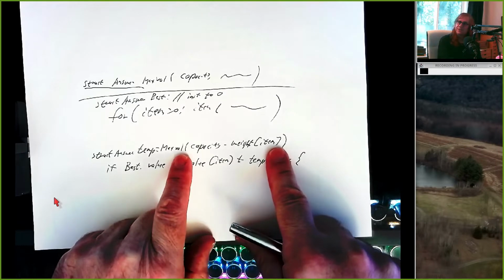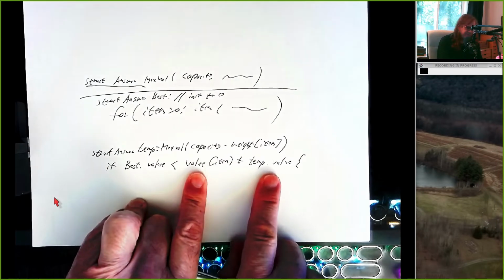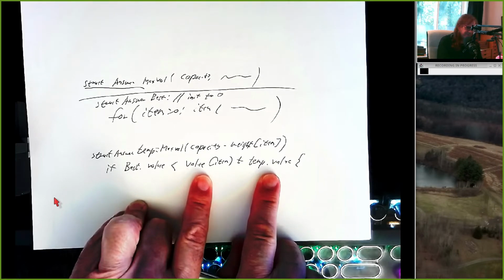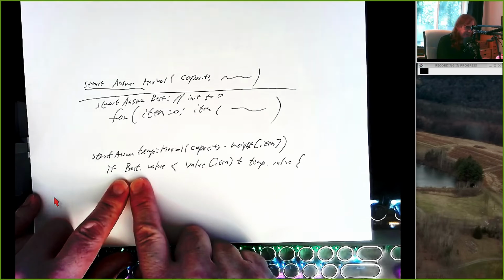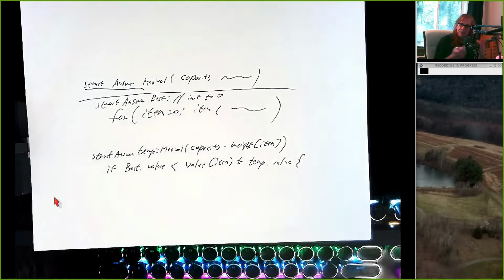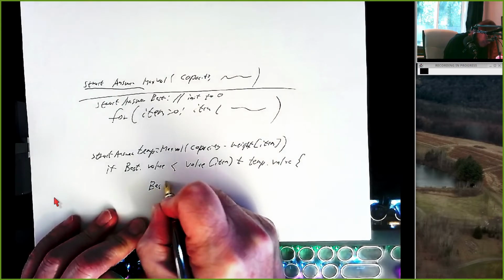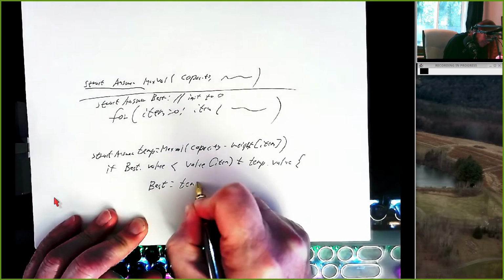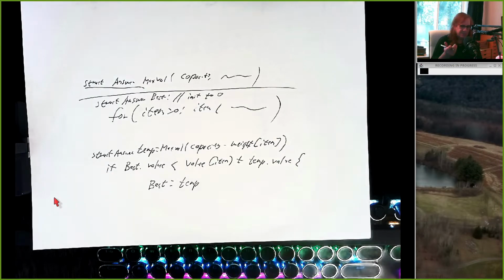It's the value of this diminished capacity bag. So if the value of this item plus the value we get from the remaining space gives us a total value better than the best value we found, then we want to copy temp into best, right? So that copies the item counts.